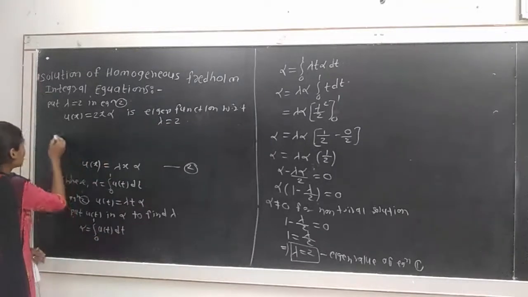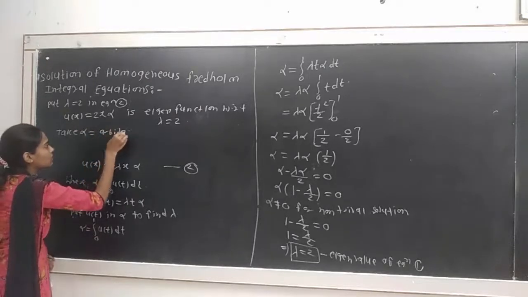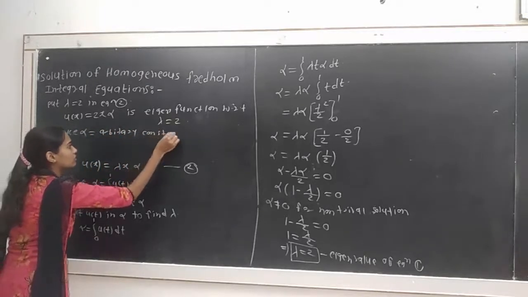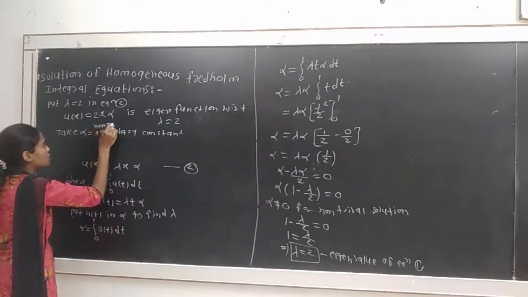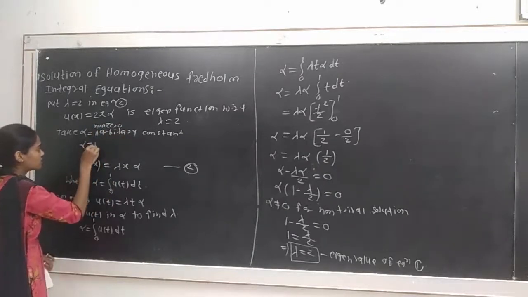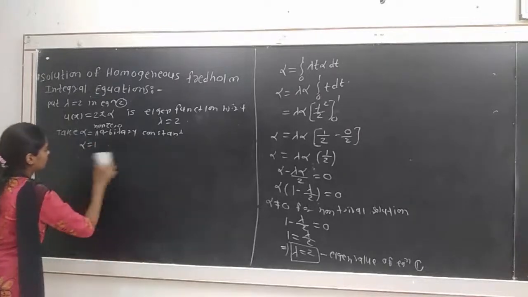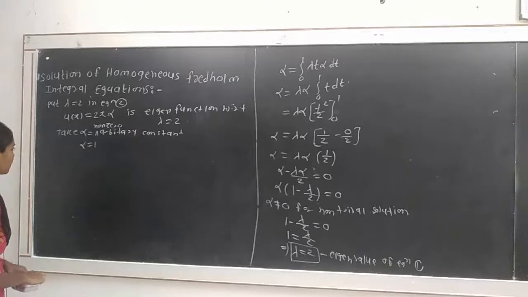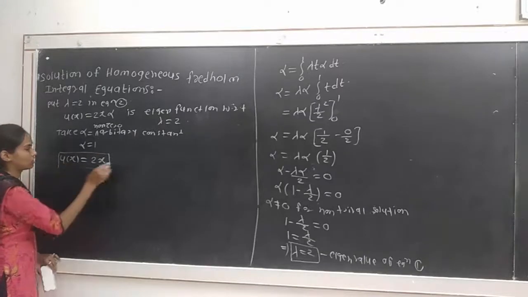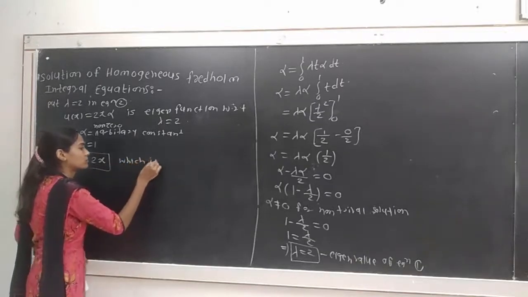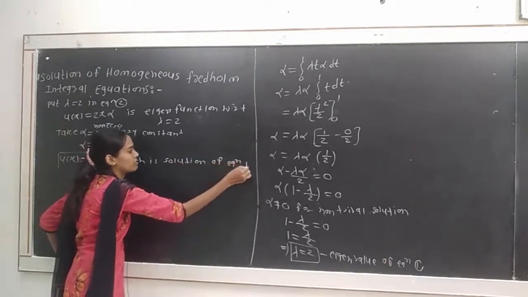Okay, and take α as a non-zero arbitrary constant. So we take α equal to 1. Mostly we take this value of α, and we get u(x) equal to 2x, which is the solution of equation number 1.